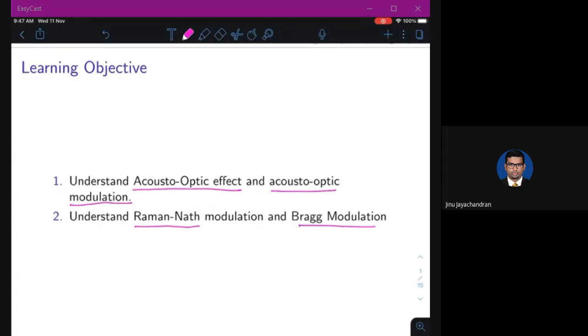So when this wave propagates through some materials, and if light is incident on these materials, then some changes happen to the light or the optical signal. And because of this change, we can modulate, or change, some parameters of this optical signal by changing the acoustic signal. So this is called acoustic modulation.